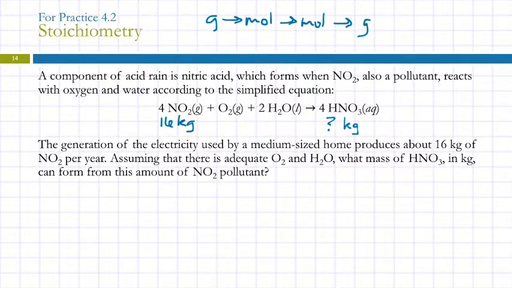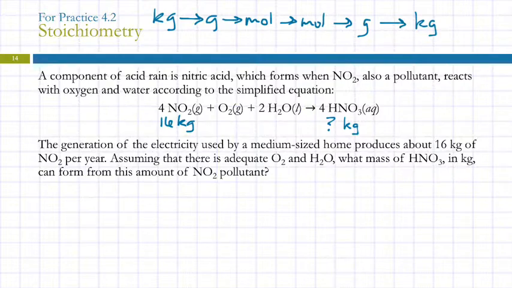And so there's more than one way to do this problem correctly, and which way you do depends on how your brain works. So you do the one that makes the most sense to you. So one method is, well, I'm going to start with kilograms. I'm going to convert that into grams. Then I can do my grams to moles to grams. Then I need kilograms at the end, so I'm going to convert it back to kilograms. That is an entirely fine way to do it.